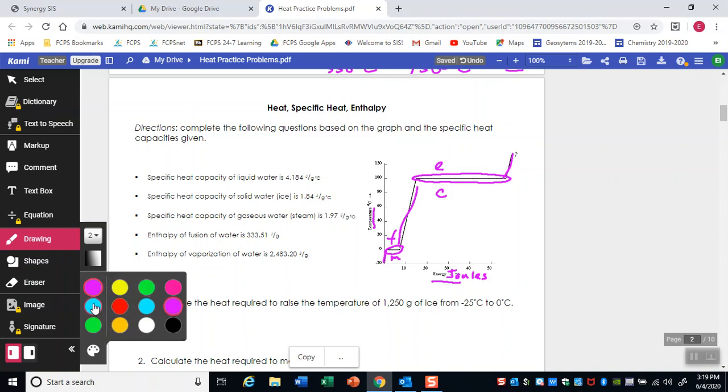So you can see when you are in a state, like here's the solid, right? When I have a solid and I increase the energy, I heat it up, it gets hotter. The temperature goes up. If you have a liquid and you are adding energy, it gets hotter and hotter. If you have a gas and you add energy, it gets hotter and hotter.